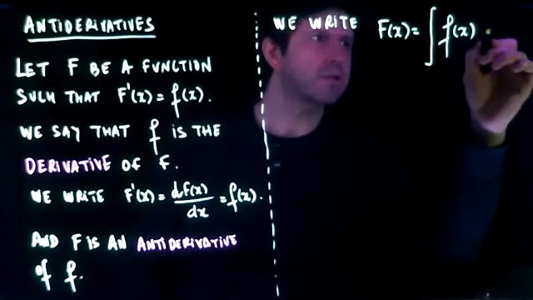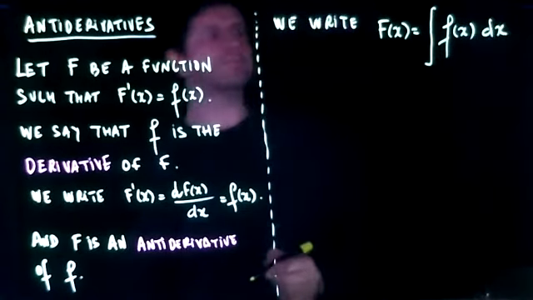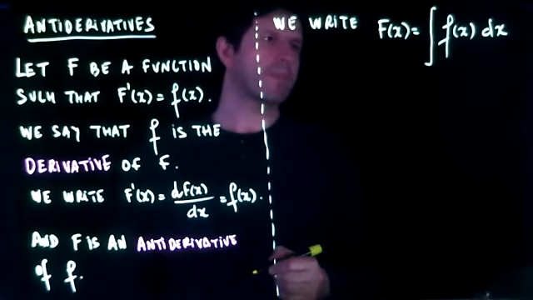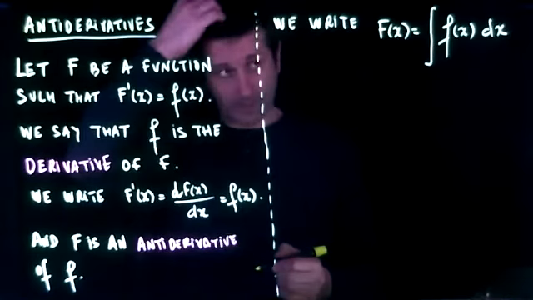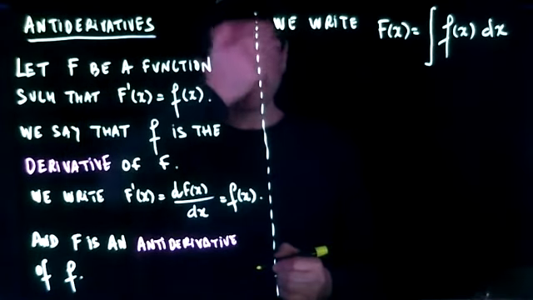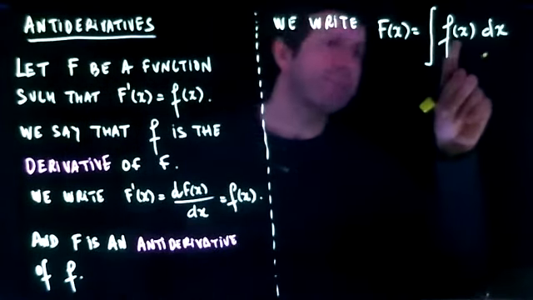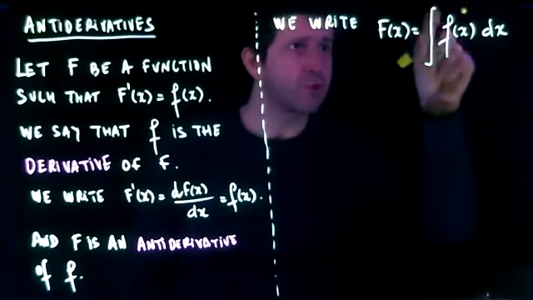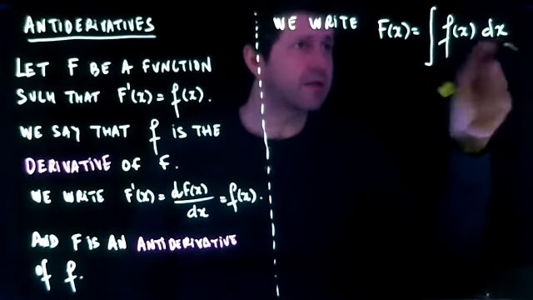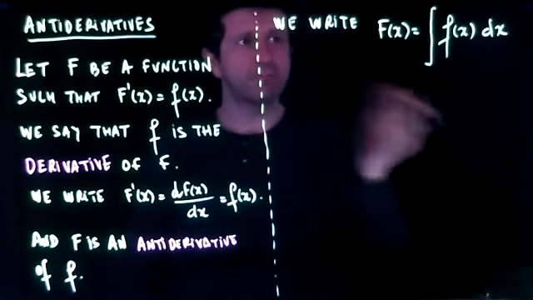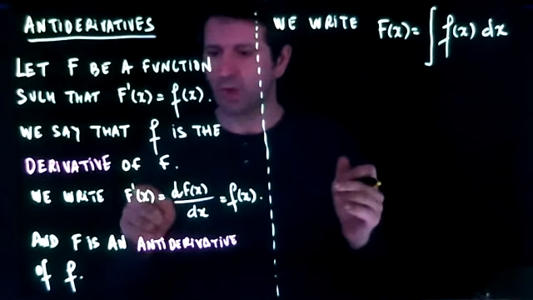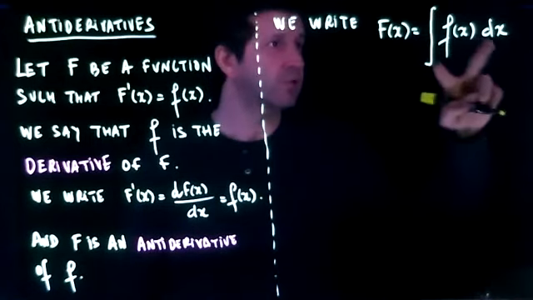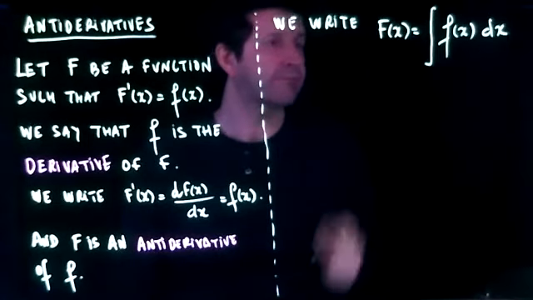It's this. So you find the antiderivative. All this symbol, this sort of weird S and dx, is the equivalent of the prime. Going the derivative way is the prime; going this way is a more complicated symbol, a two-piece symbol.